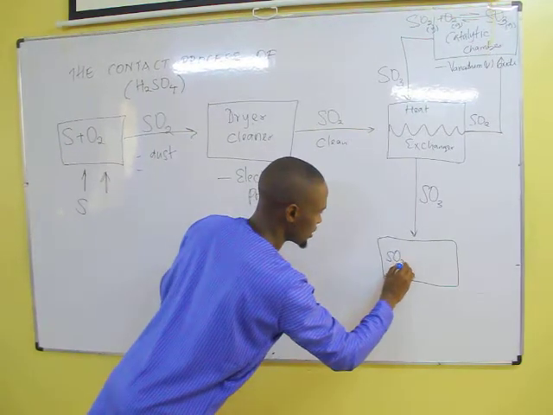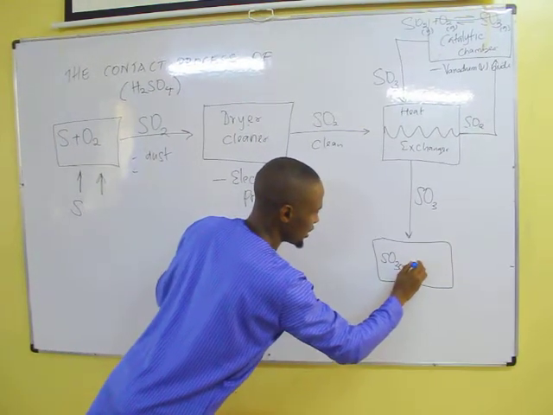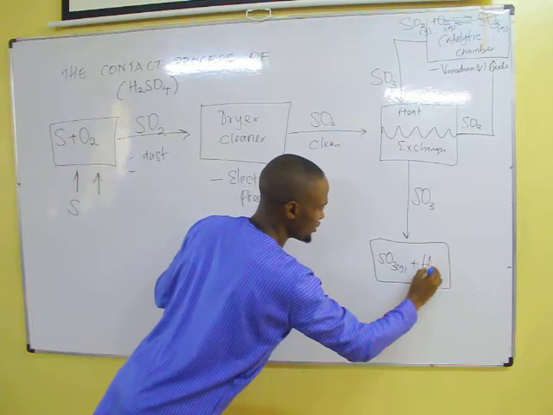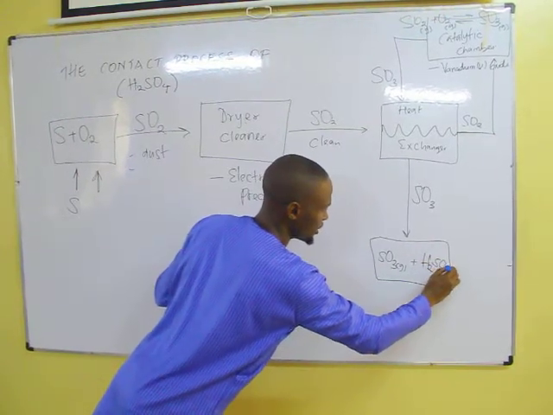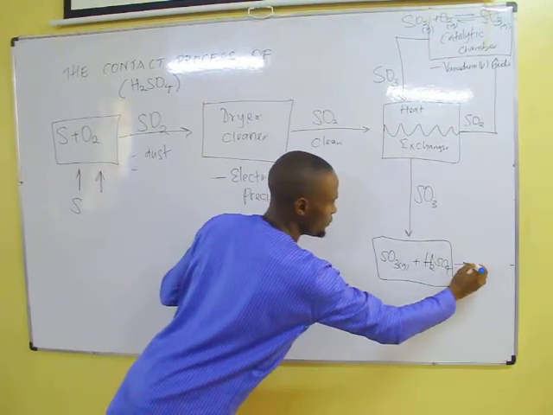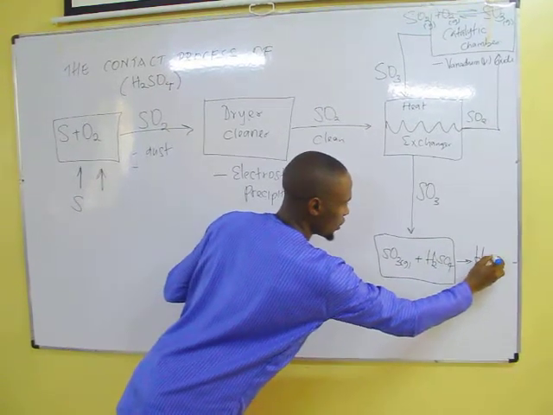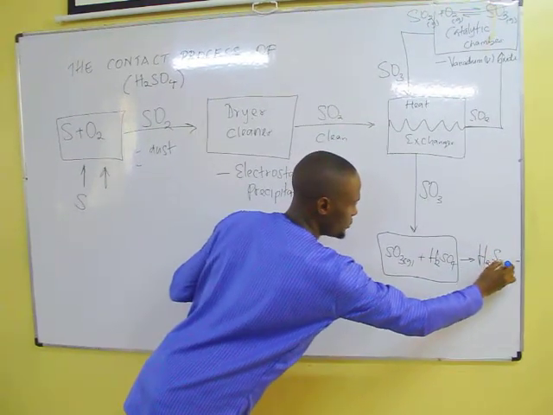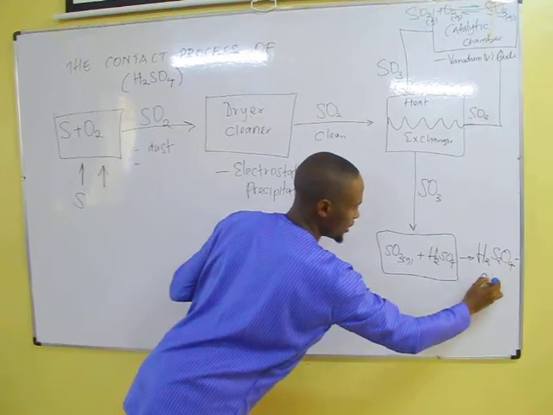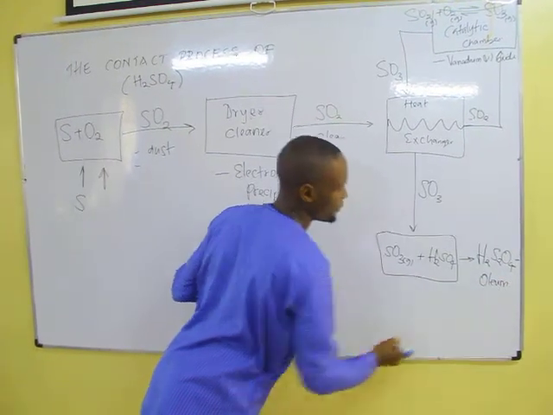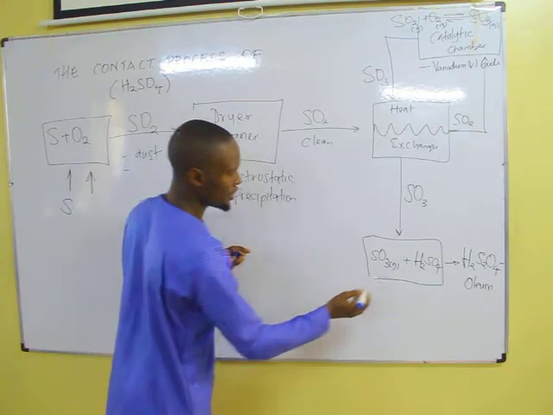Sulfur 6 oxide gas is reacted with sulfuric acid in this chamber to form a compound called oleum. This is oleum. This is the reaction.